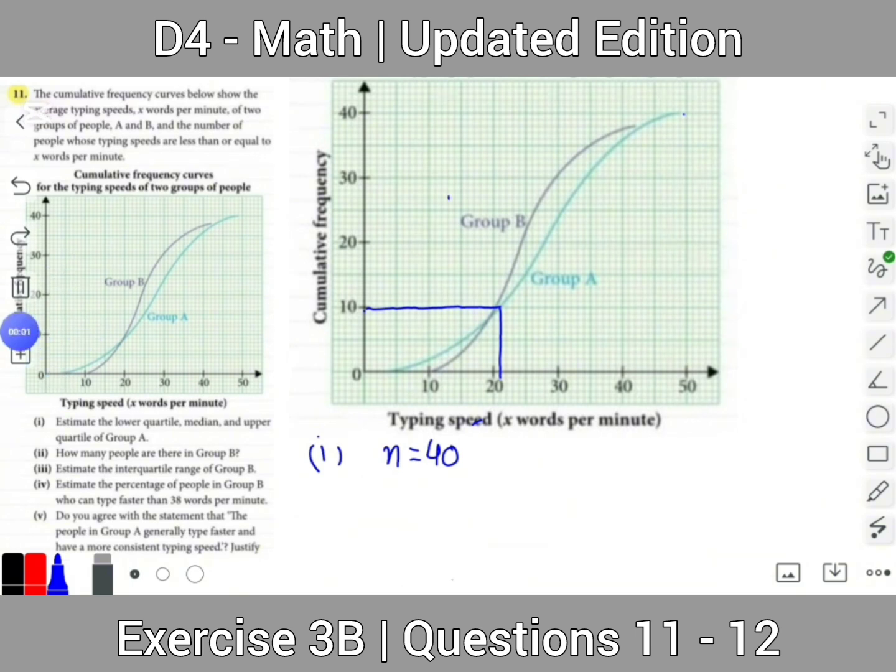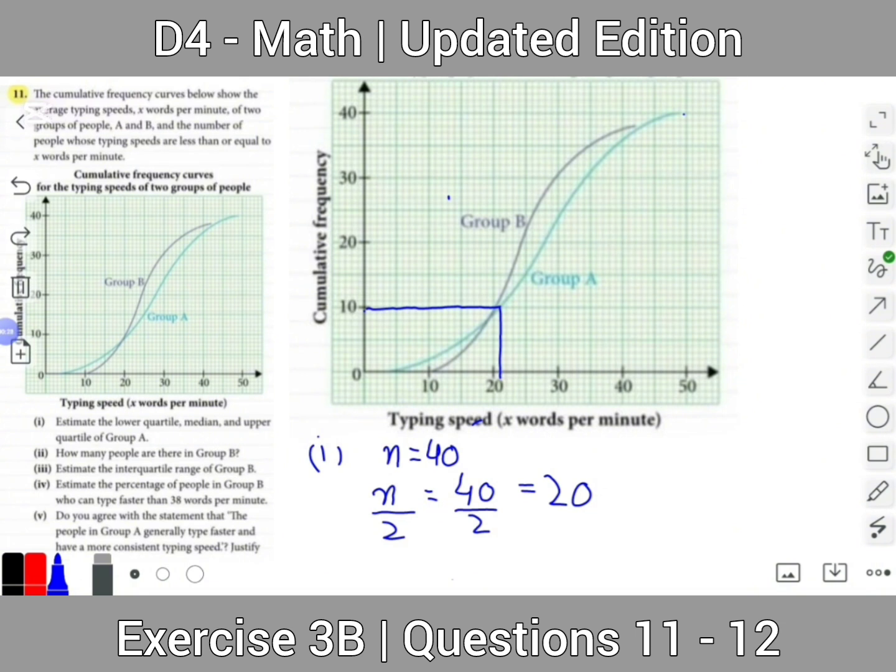Now to estimate the median from the cumulative frequency curve representing group A, we find the position of the median by using n over 2. So here we have n divided by 2, which is 40 over 2, and it gives us the cumulative frequency of 20. Now we will look at the data value corresponding to the cumulative frequency of 20.